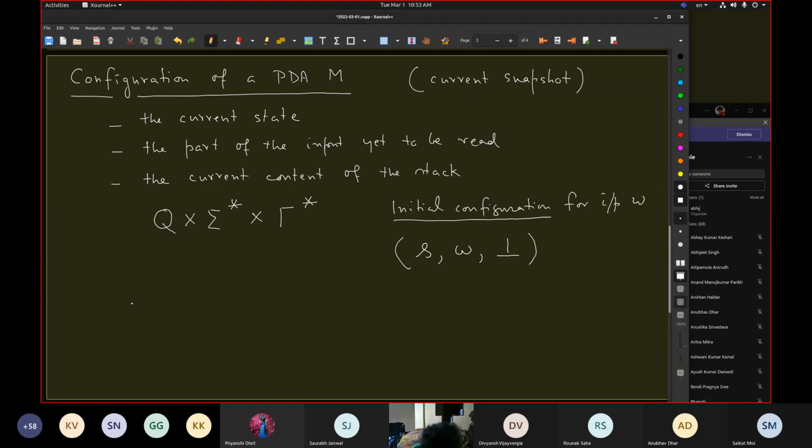And what should be the final configuration for acceptance? That actually depends on whether the machine accepts by empty stack or by final state.